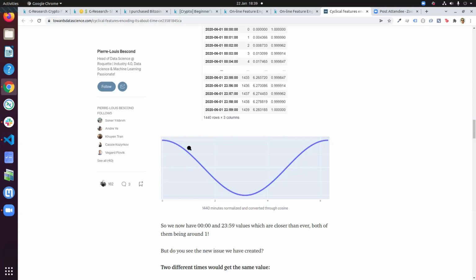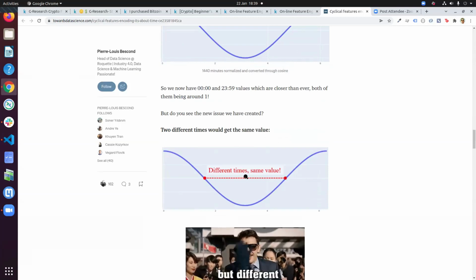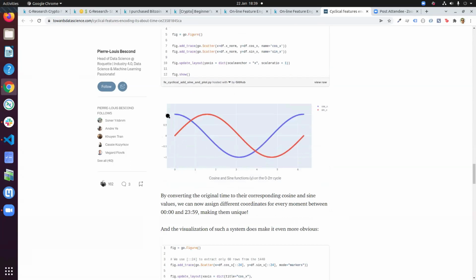Whereas by taking the sine of it, if this is 60 seconds, then it's the same as over here. It's got the same magnitude as at 0. And because you've got two values with the same thing which are far apart, that's why they use the sine and the cos. So it's like the two values together.